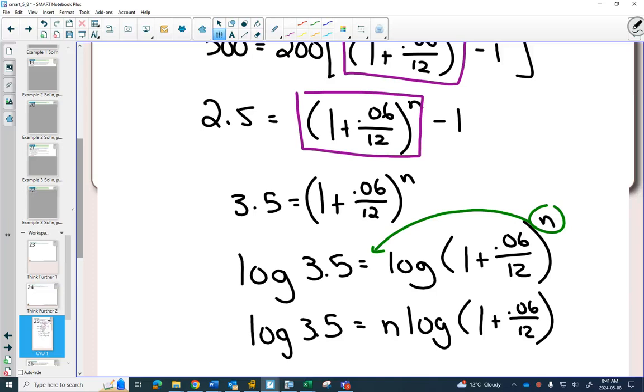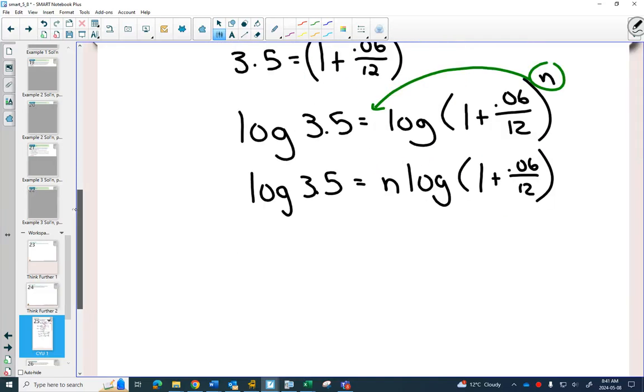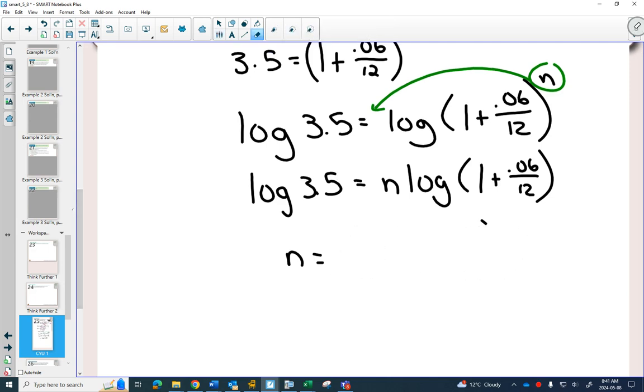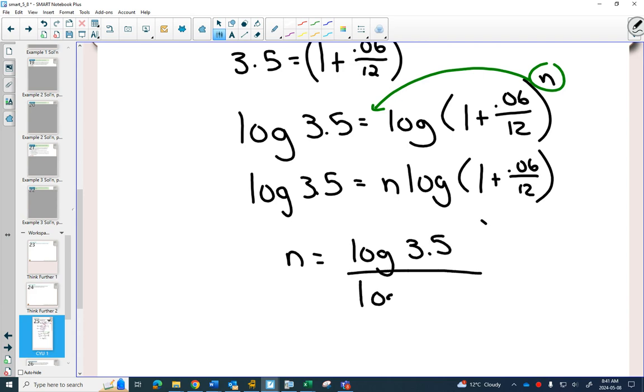And now we finally got n out of the exponent. It's very easy to get that n by itself. Divide both sides. Oops. Very easy. Don't make a mistake. We need to get n by itself, so we need to divide by that log of 1 plus 0.06 divided by 12.